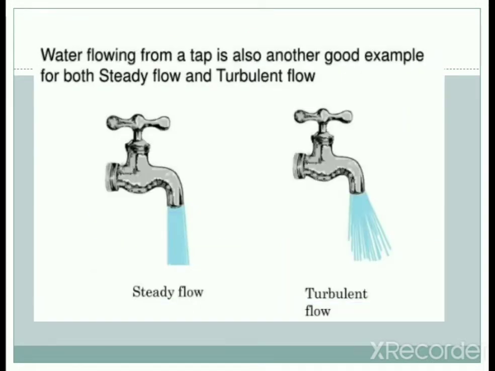So the example of streamlined flow and turbulent flow: water flowing from a tap is a good example. See the water flowing from the tap. In the first diagram, the water flow is steady, so that is called laminar flow. And in the second, the flow is very fast and random, so that flow is called turbulent flow.